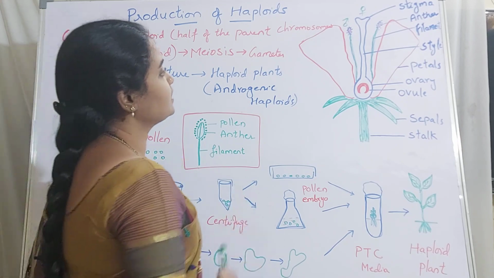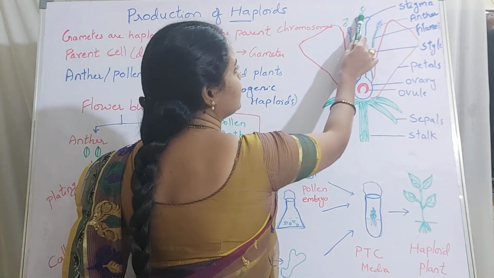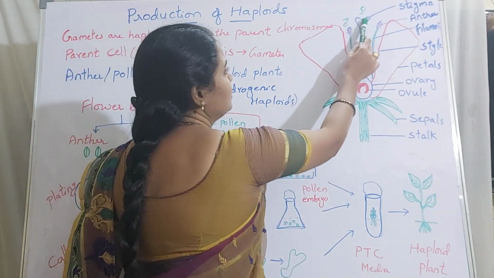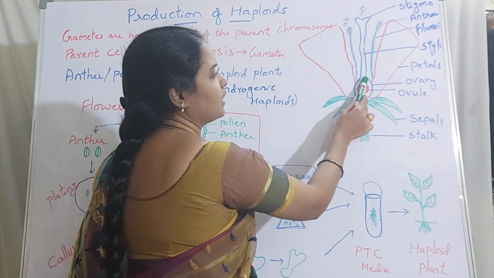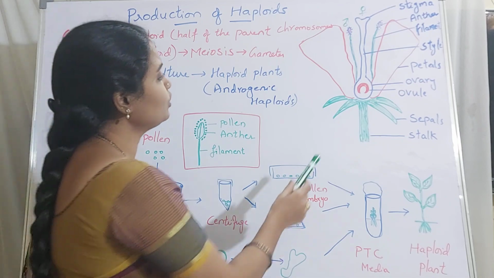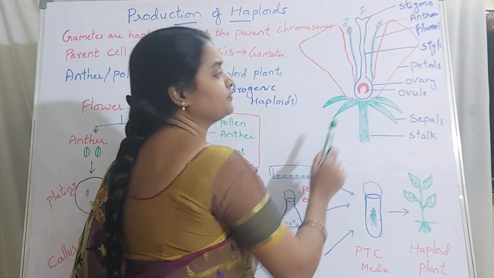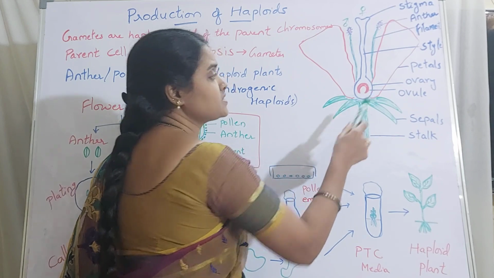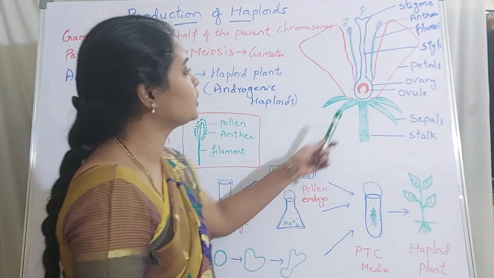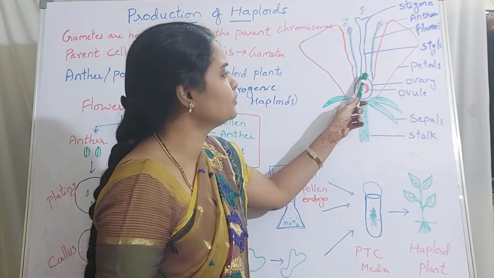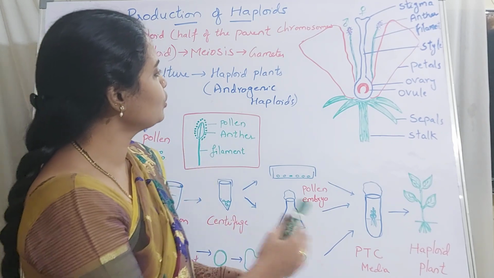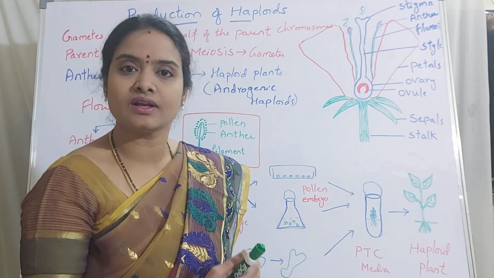When the anther matures, the pollen grains enter the stigma of the gynoecium, pass through the stigma, and fertilization occurs in the ovary. After fertilization, this develops into an embryo, and later the ovary transforms into a fruit and the ovules into seeds, right? So that is the natural process of fertilization.